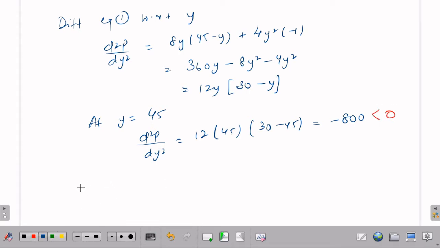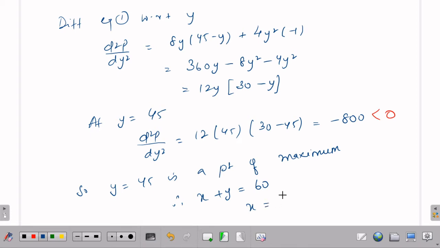So if it's less than 0, I can say that y is equal to 45 is a point of maximum, right? So if it's a point of maximum, therefore x plus y is equal to 60. So that means x is equal to 60 minus y. So it will be 60 minus 45 is equal to 15. So I got y to be 45 and x to be 15.